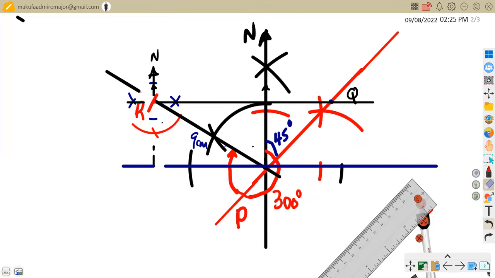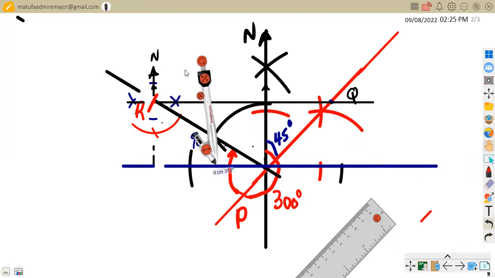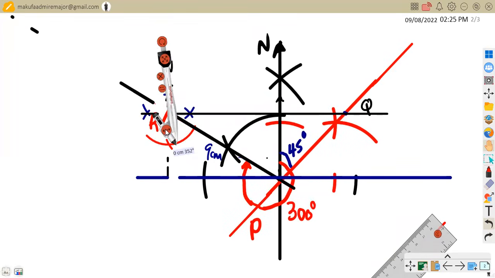Let's just remove this part here. This is what I'm going to do from the point R. I'm going to mark a point from this R that I'm having. So what you do, you just open the compass to a certain length that enables you to have 2 arcs on this line.